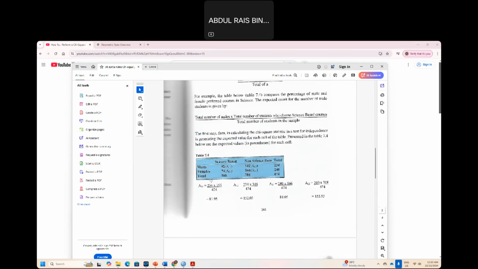Okay. To get the value for A11, A12, A21 dan juga A22, formula atas ni yang kita pakai. Total amount of male, number of students science based and the number of students in this sample. Okay, for A11, total amount yang ambil 234 darab 166 di sini, and then jumlah sini adalah 2874.